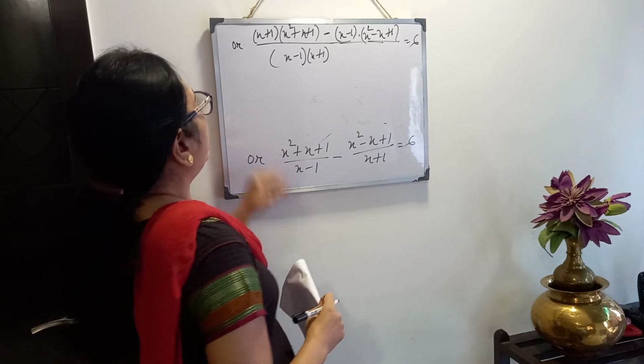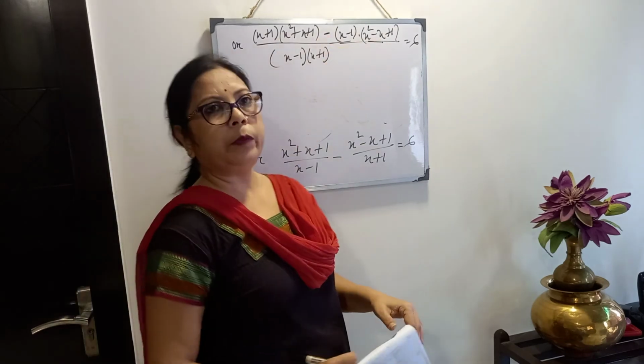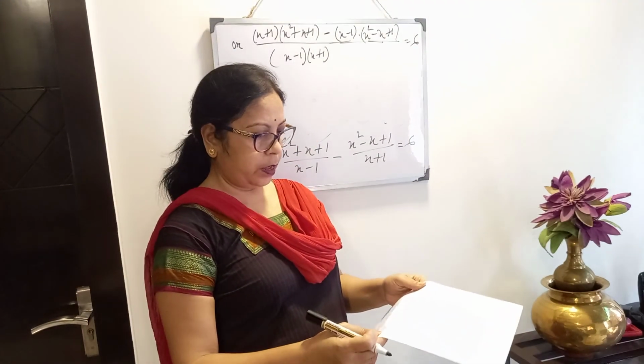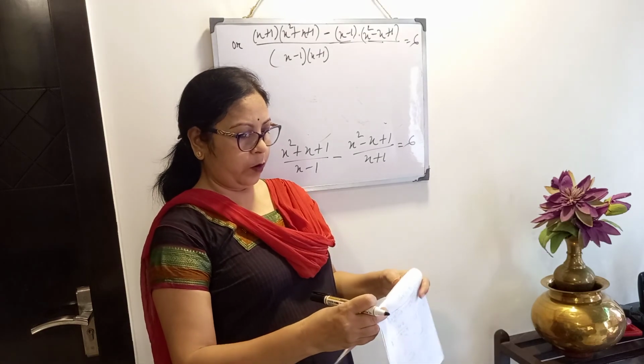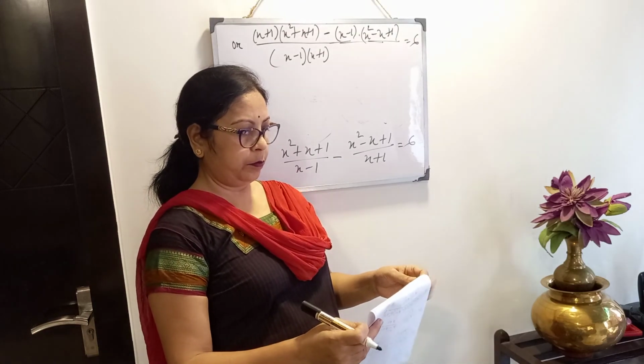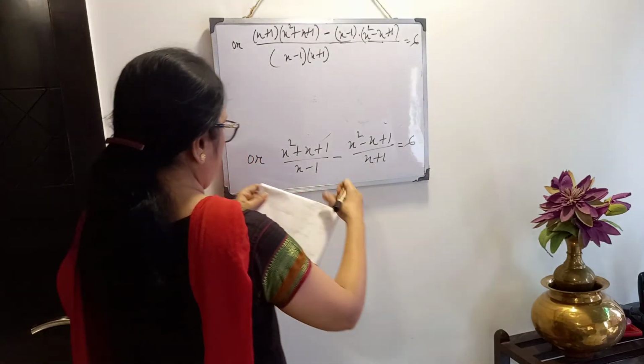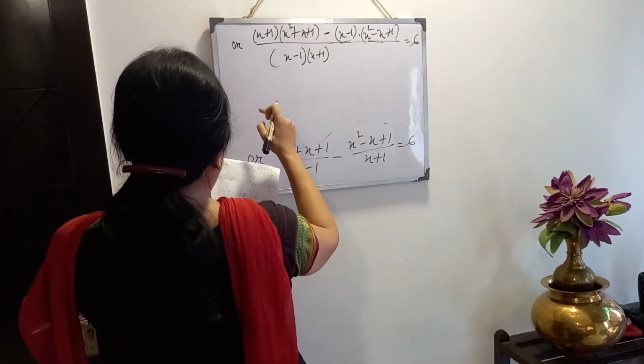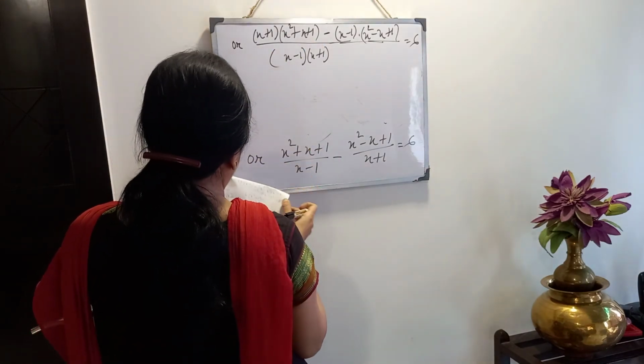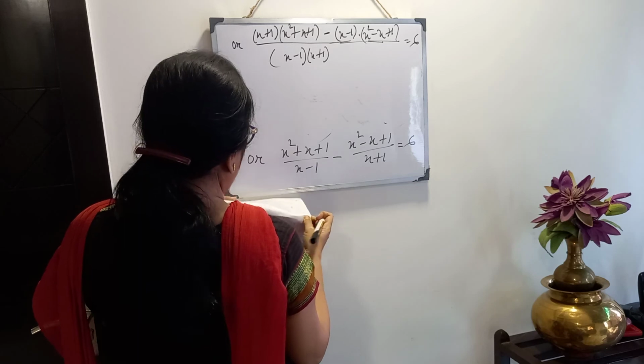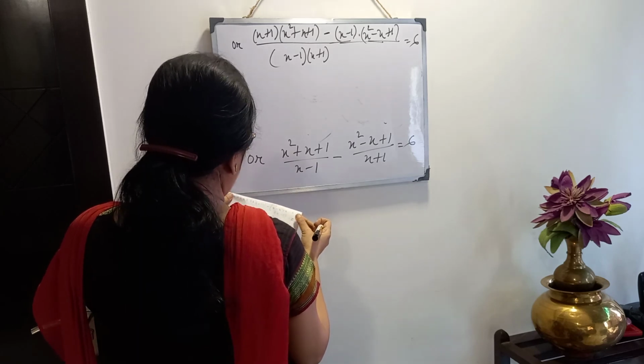Here, now the numerator will be a big multiplication. I have done it. So what you will get, I am writing that. This will be a big multiplication. After that, I have done the multiplication.